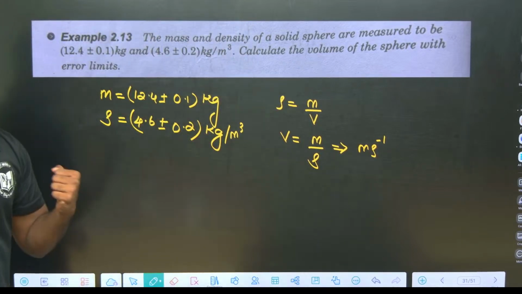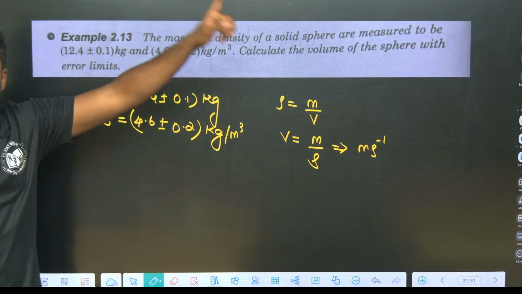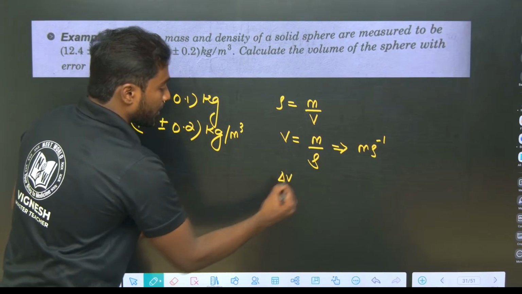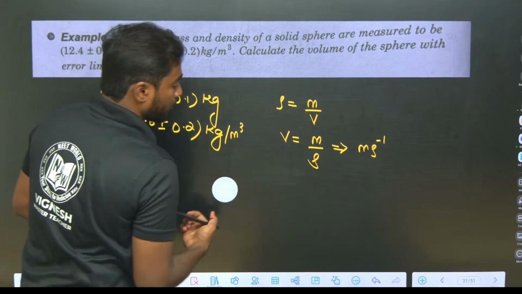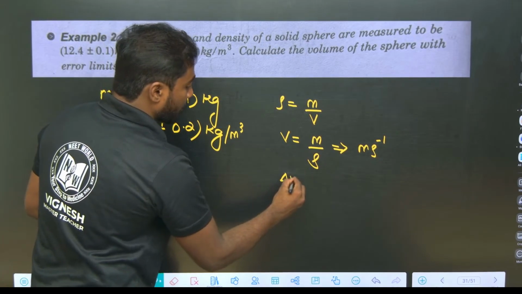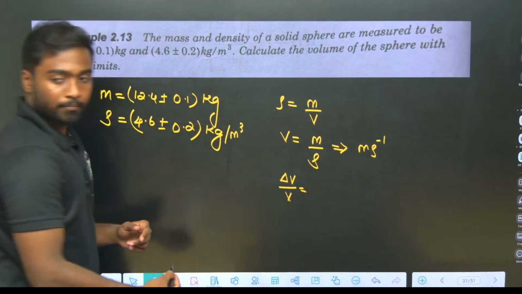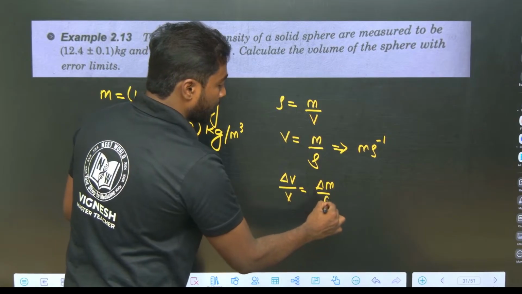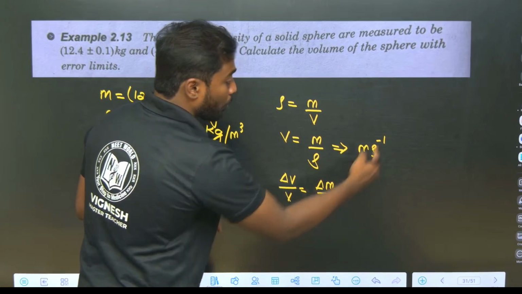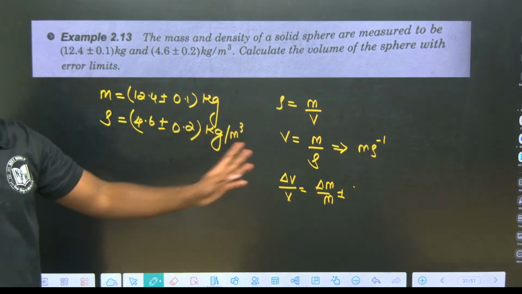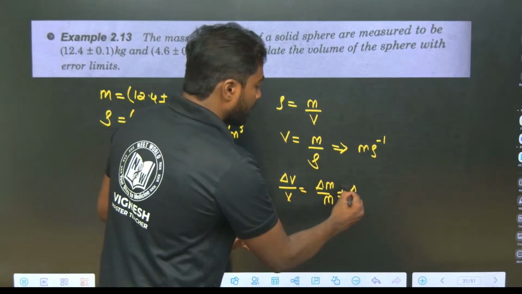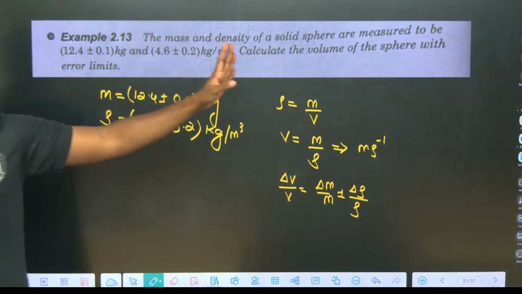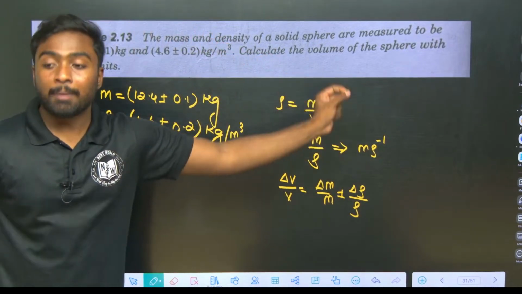Now what will be the formula? Same exact formula. X is equal to a b we have written, no? So delta V by V is equal to delta M by M plus or minus 1 into, the power is there, 1, I'll keep as it is, delta rho by rho. So minus 1, minus 2, whatever it is, plus 1, plus 2, the number only I should take.